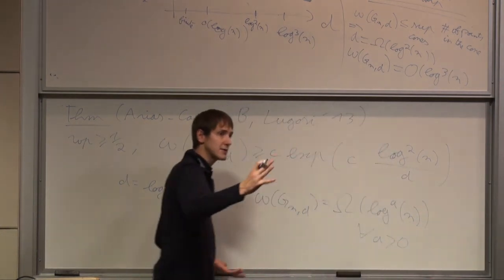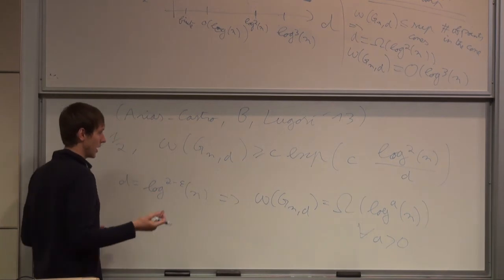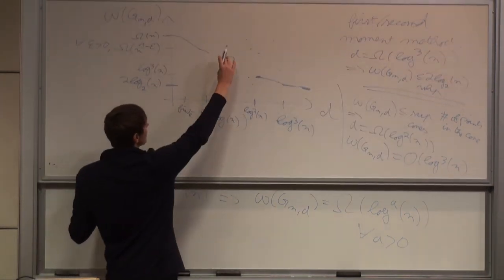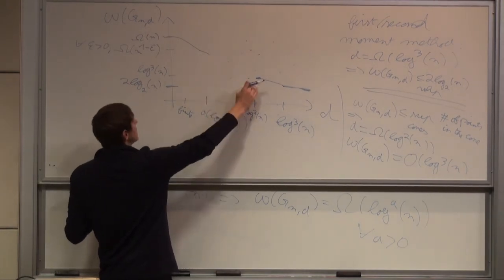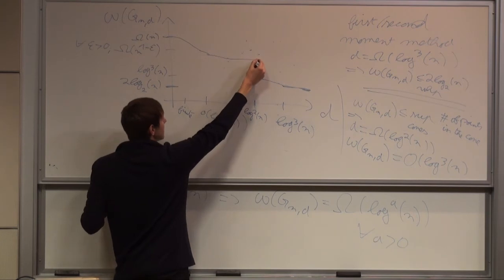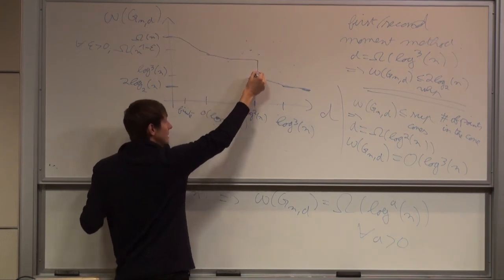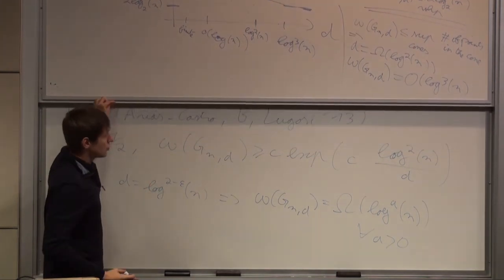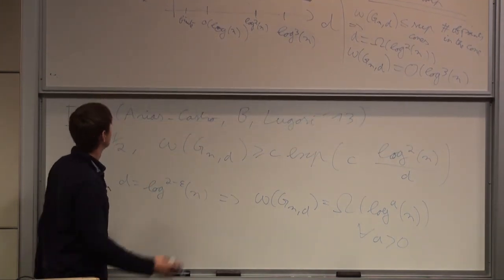So you grow faster than anything which is polynomial in log n. You are not quite polynomial, but you are certainly much bigger than anything which is polylogarithmic. So it goes like this, and here you have a sharp transition from super polylogarithmic to polylogarithmic.